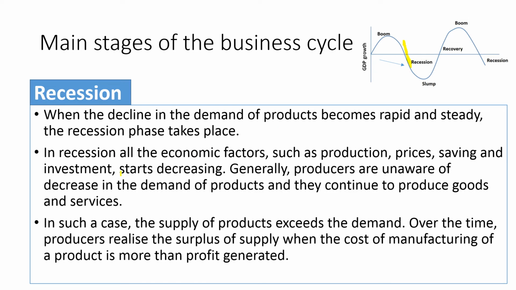So in recession, all the economic factors such as production, price, saving, and investment start decreasing. Generally, producers are unaware of the decrease in the demand of products and they continue to produce goods and services. In such a case, the supply of products exceeds the demand.